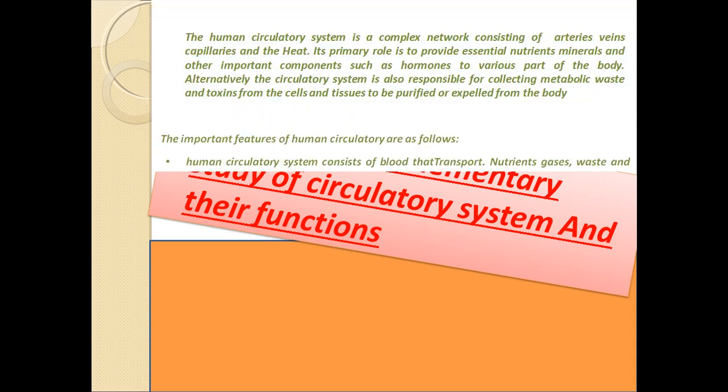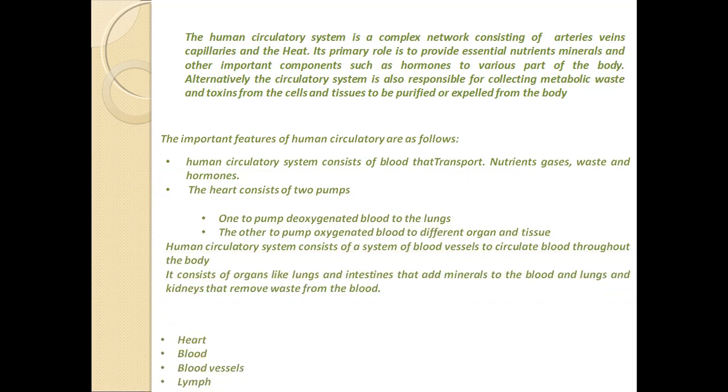In the circulatory system, we are studying about human circulatory system. Human circulatory system will consist of mainly the heart. Heart, with the help of blood vessels, will help in pumping the blood.